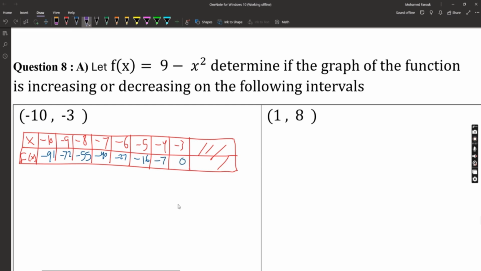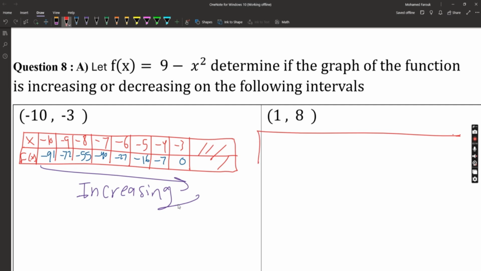Okay, we notice this, all of the numbers are getting bigger, so the function is increasing on the previous interval. It's increasing. We will do the same here. We'll make a table for our function. It starts at 1, ends at 8.